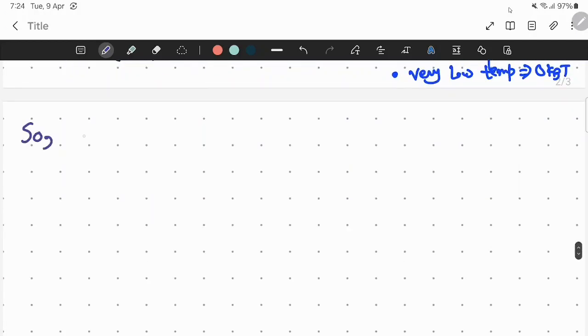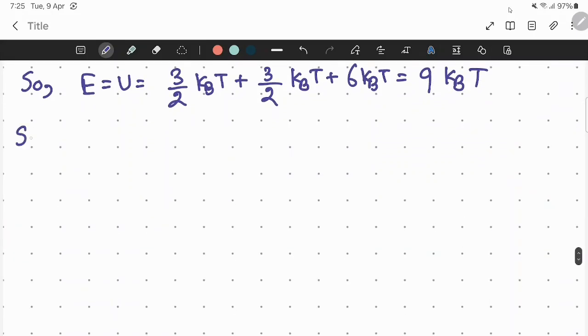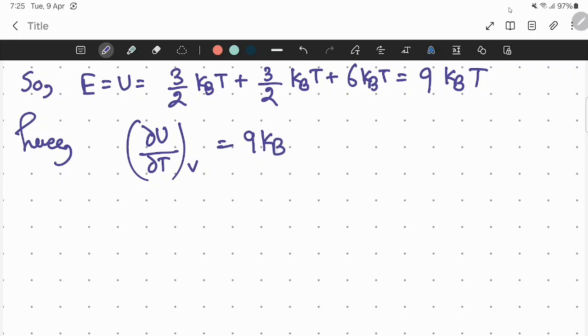So total E or U will be 3 by 2 kBT from translational, 3 by 2 kBT from rotational, and 6 kBT from vibrational. So it is eventually 9 kBT. Hence del U del T at constant V is 9 kB. This is for only one molecule.